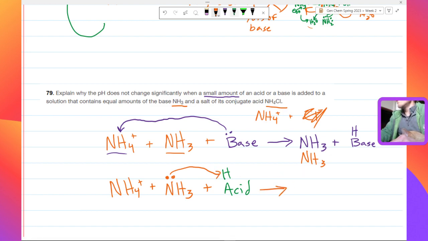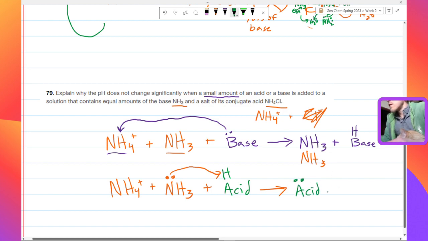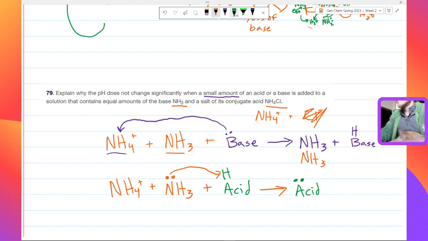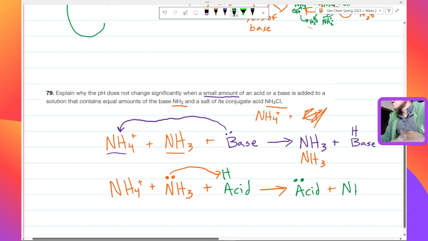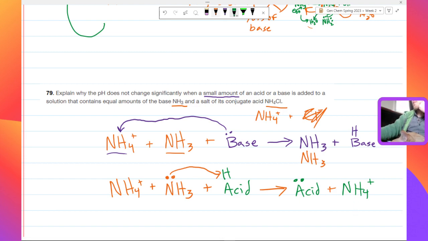And next thing we know, now we have the conjugate base of the acid with its lone pair there, and we just created more ammonia. I'll write it in green, as if that's logical. It might be. And again, we already had some, so there's just more of it.